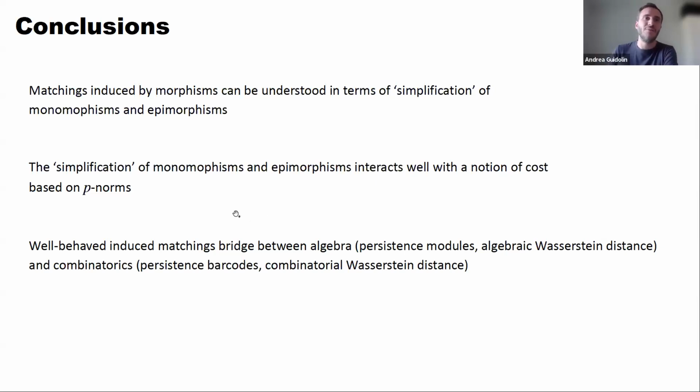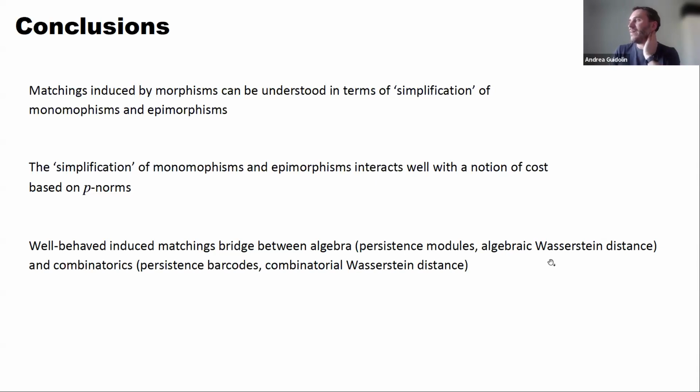And finally, we observe that such well-behaved induced matchings can bridge between algebra and combinatorics, and this can be important, for example, applied to the algebraic Wasserstein distance.